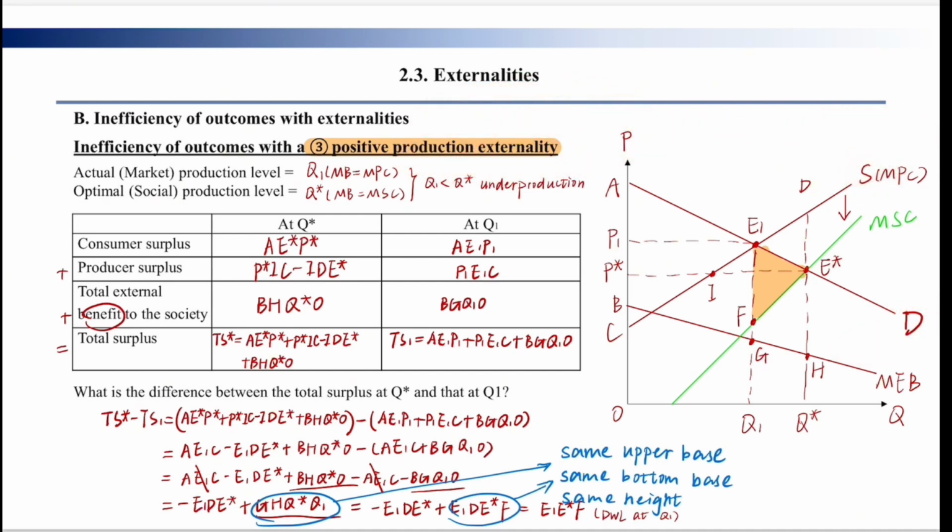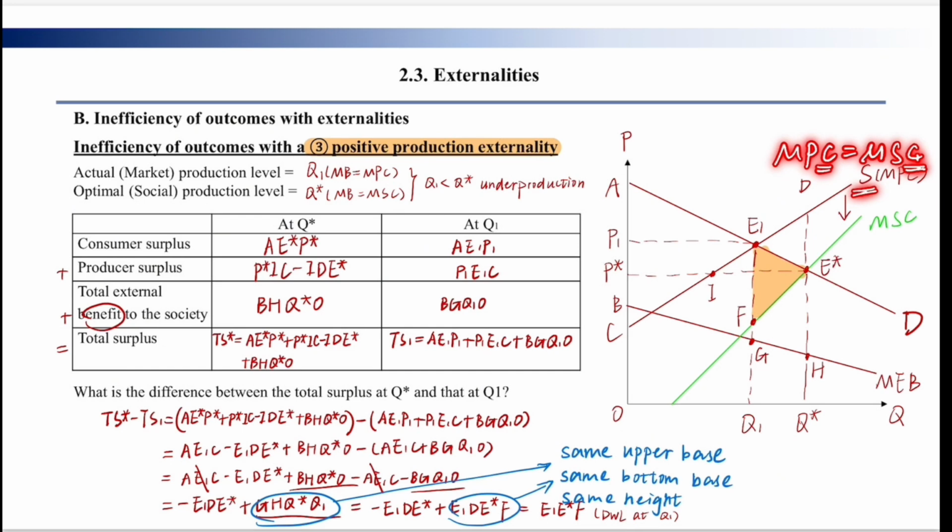So next we need to determine whether the supply curve increases or decreases. If we didn't consider the externality, the supply curve is MPC or MSC. But now we need to consider the externality, and the C means the cost. Cost is the money.